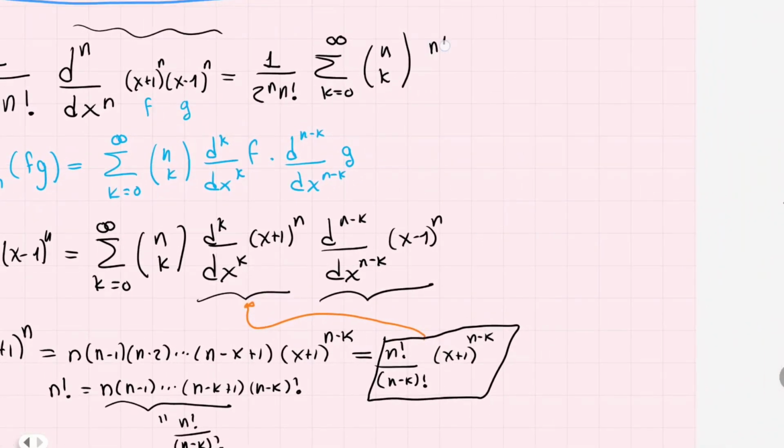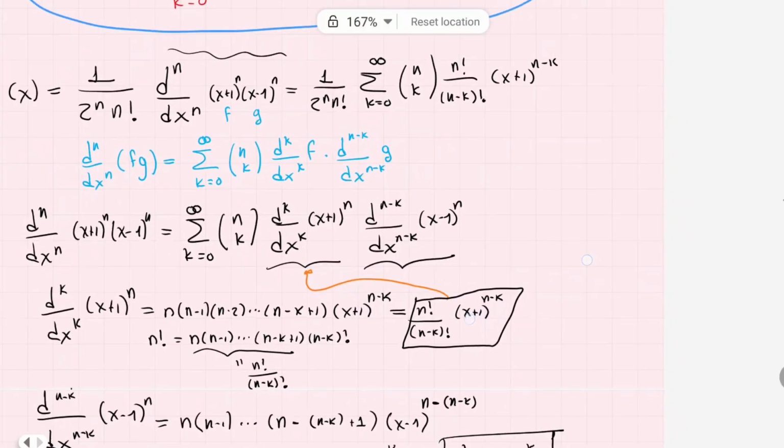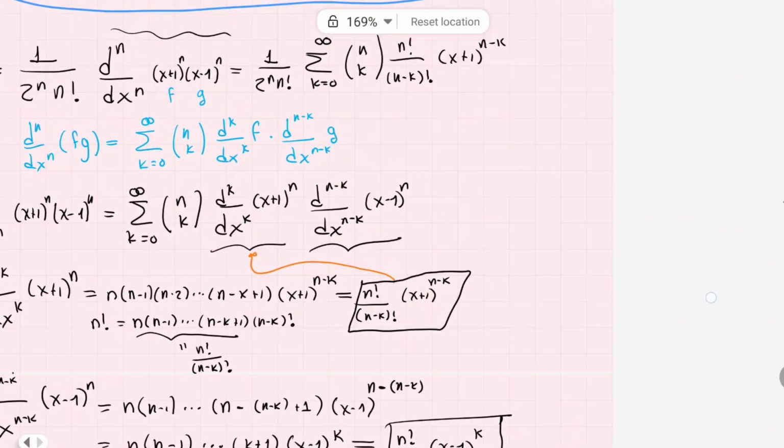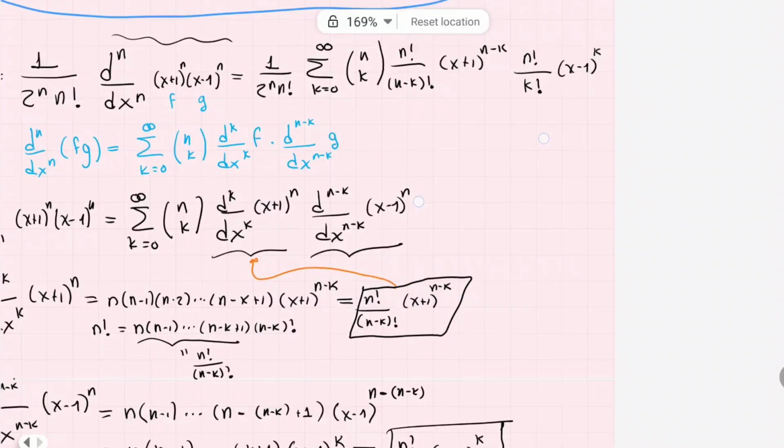It will be n factorial over n minus k factorial times x plus 1 to the n minus k, times the other term, which is n factorial over k factorial times x minus 1 to the kth power.